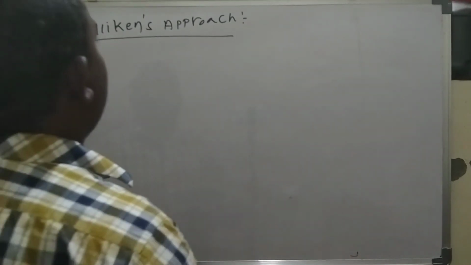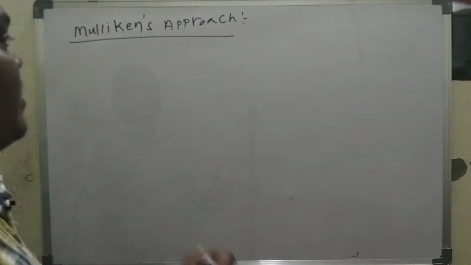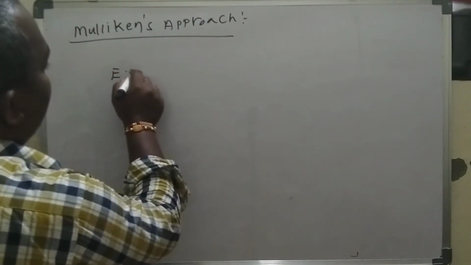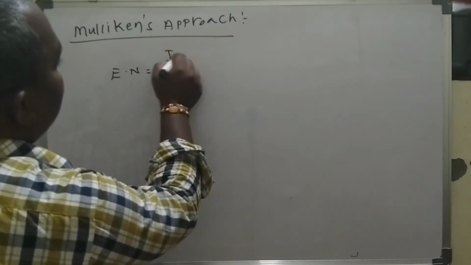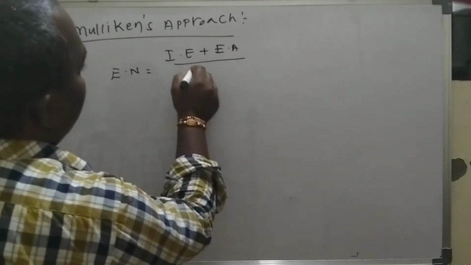The next scale is Mulliken's approach. According to Mulliken, the electronegativity of an element is taken as the average of the ionization energy and the electron affinity of that element.